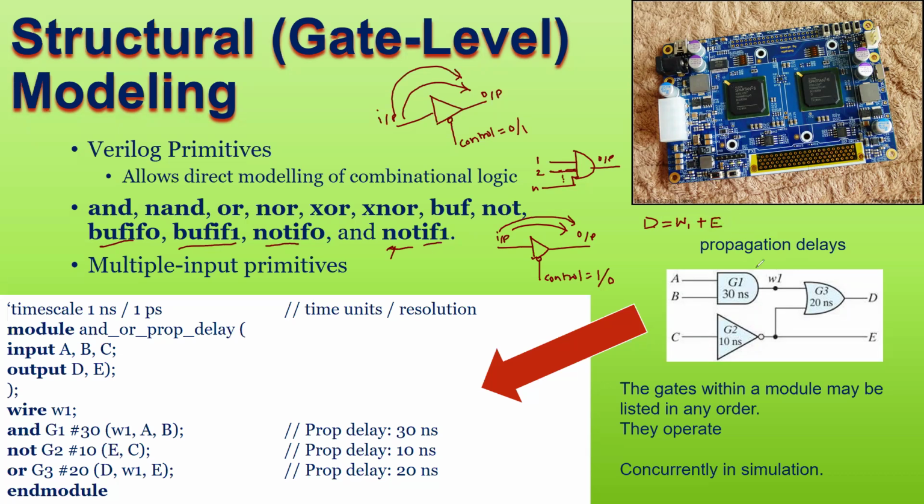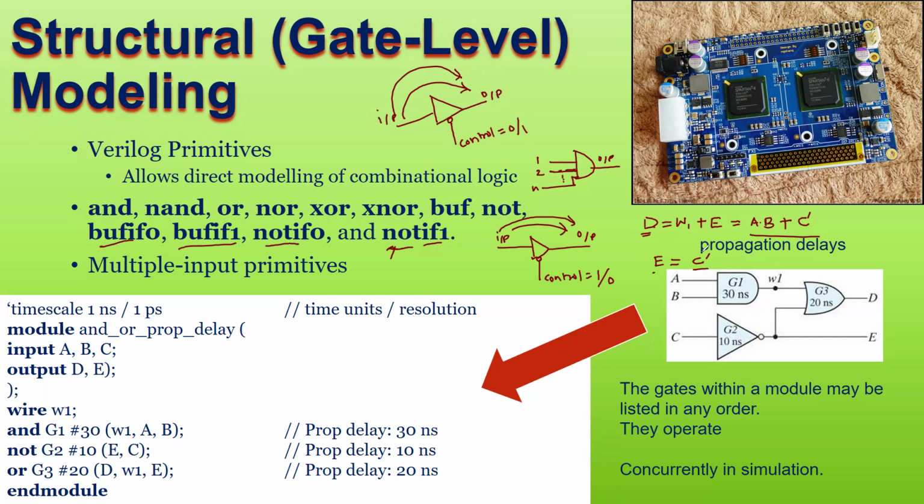W1, that is wire 1, is actually A AND B, so D is equal to W1 OR C bar. Okay, so this is how you got the first expression. What about E? E is equal to simple C bar. So the expression for D is this, and the expression for E is this one.